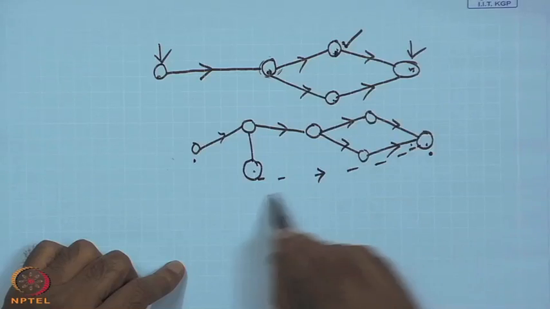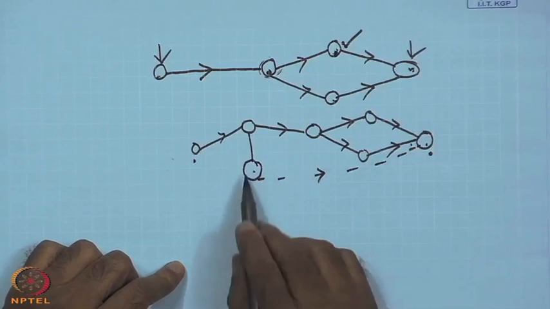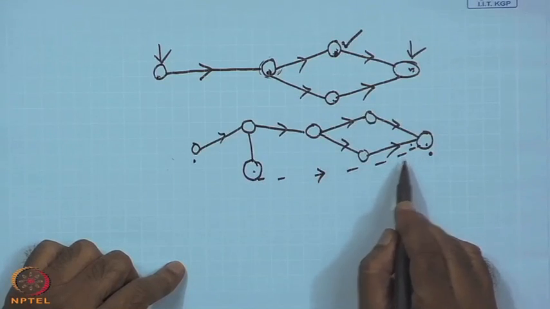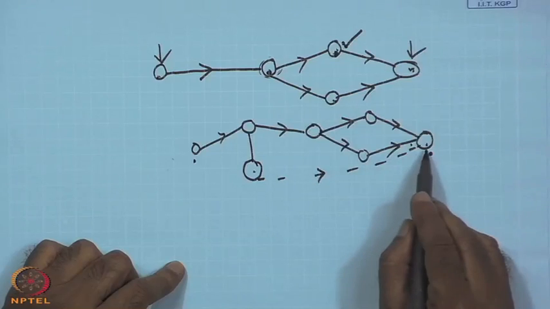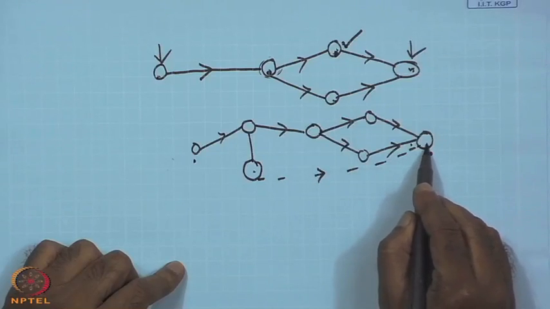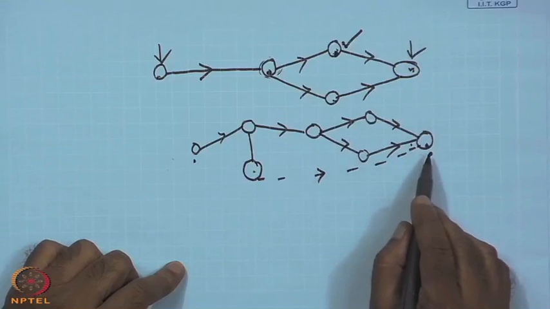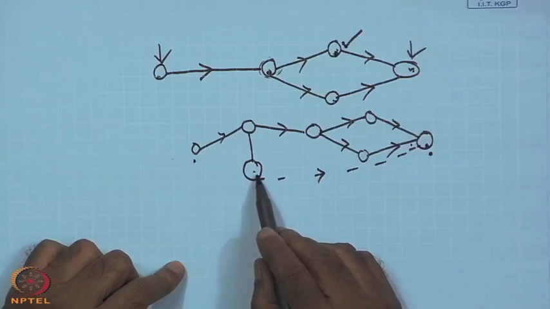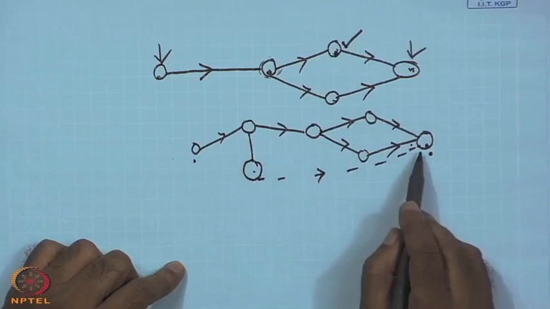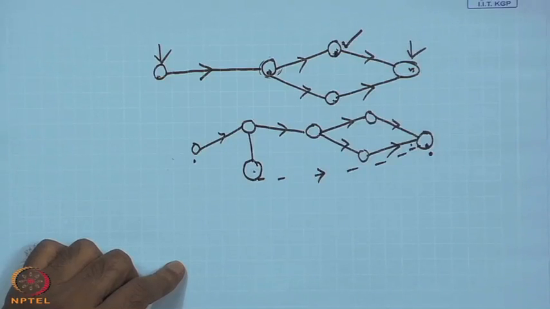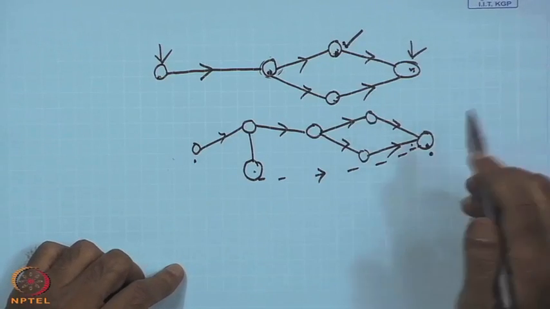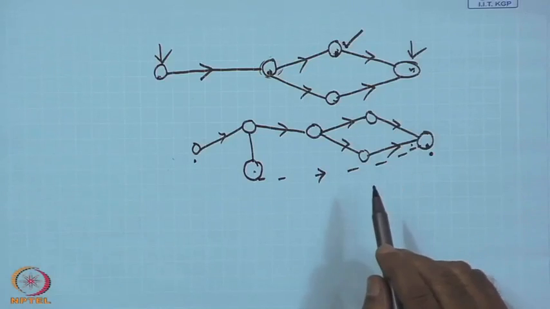A dotted line is drawn like this, to show that from here it is going to the end node, and this we call the dummy activity, just to complete the graph, so that it has a predecessor and a successor. For this reason we call it the dummy activity, which does not require any cost or time.